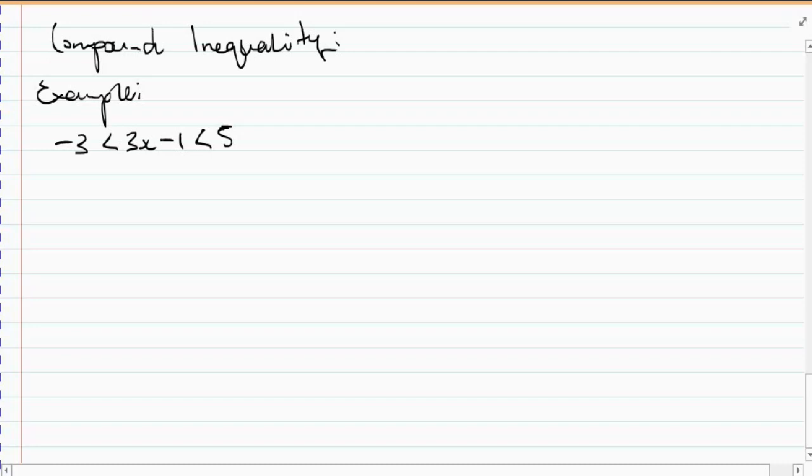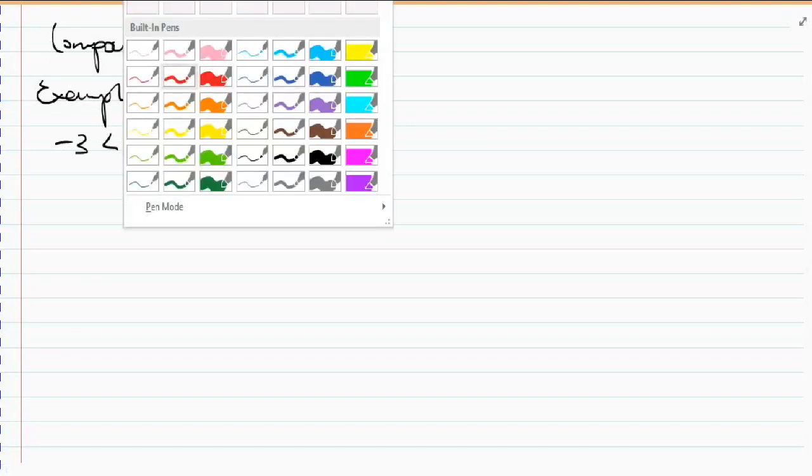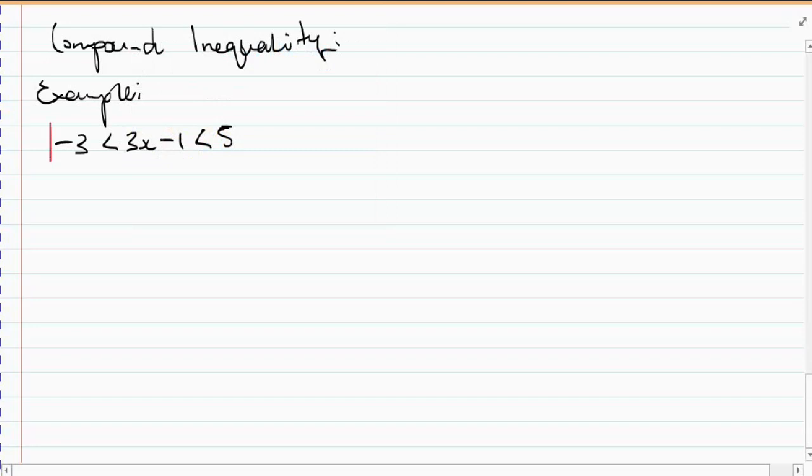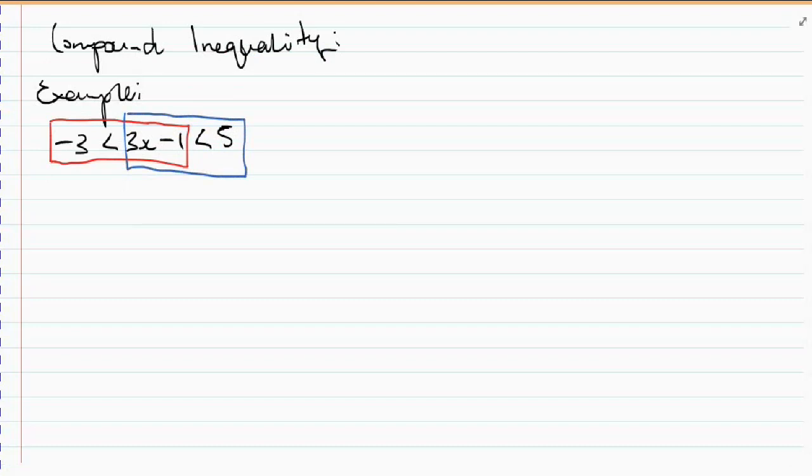What we do is separate the two. You can have this part here and this section here. You separate with an "and" and then put them together afterwards. Taking the first section, we have -3 is less than 3x minus 1. To solve this, we can transpose, and it doesn't change the inequality sign.